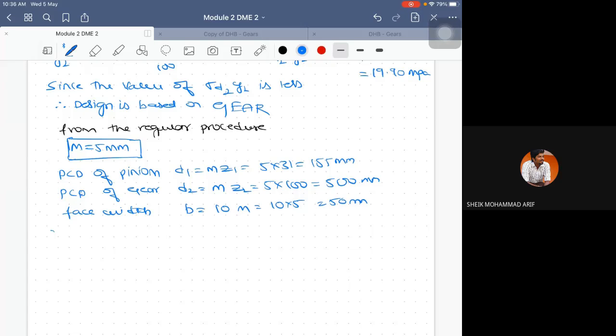Okay, so again write the sentence, since CV was assumed, check for sigma D2. For that, you'll be taking this particular expression, sigma D2 cross CV cross B cross Y cross M. V is equal to pi D2 N2 divided by 60.